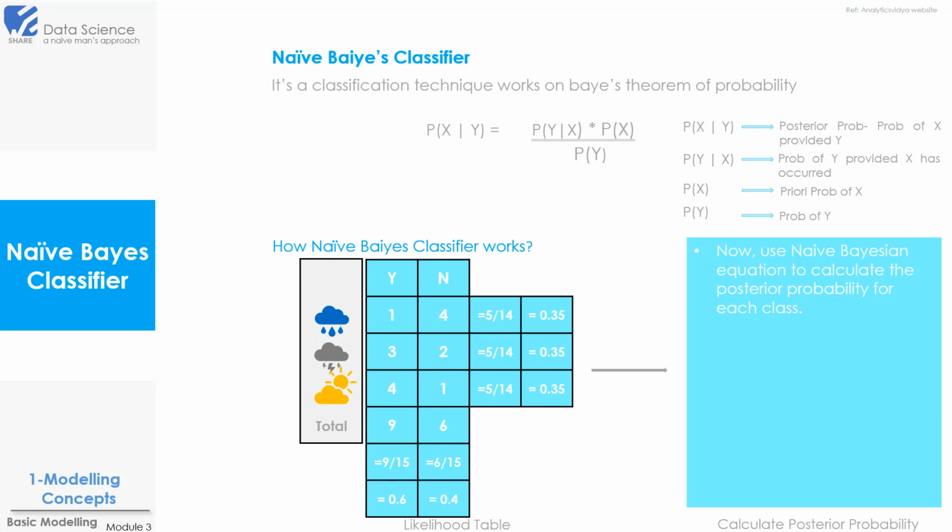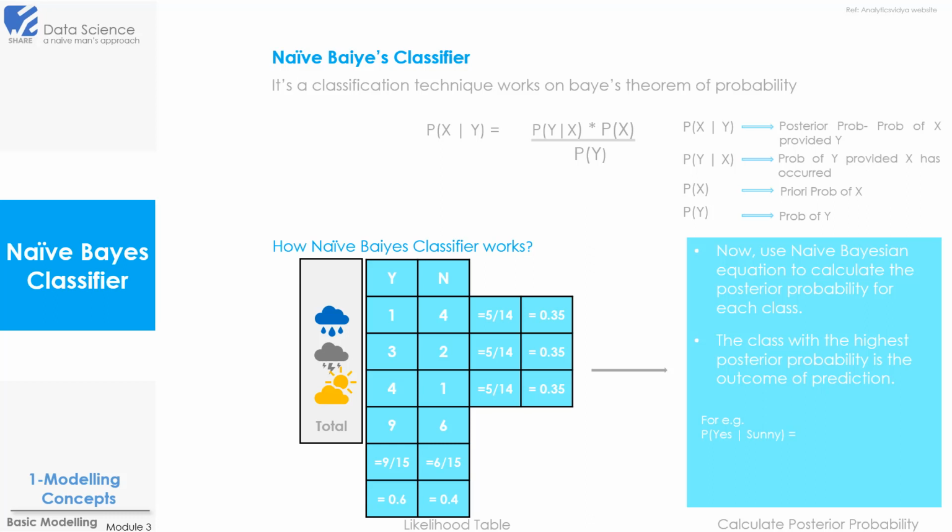Now with the likelihood table, we will calculate the posterior probability using Bayesian equation. And then the class with the highest posterior probability is the outcome of our prediction. For example, we can calculate posterior probability of the possibility of playing provided the weather is sunny.